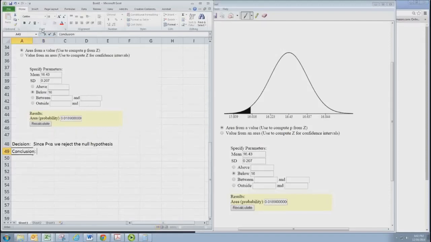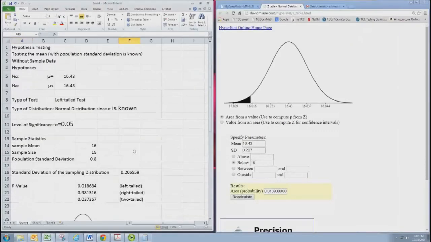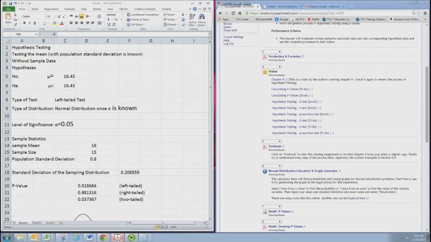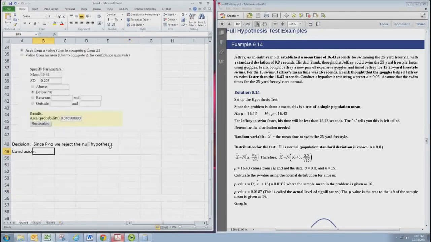Alright, now we have to have a conclusion which relates this decision to reject the null back to the original claim. Remember that the original claim was a claim made by Frank that the goggles would help Jeffrey swim faster, and that corresponded to the alternative hypothesis. Since we rejected the null, we actually do have evidence to support the alternative, and we could say the following.